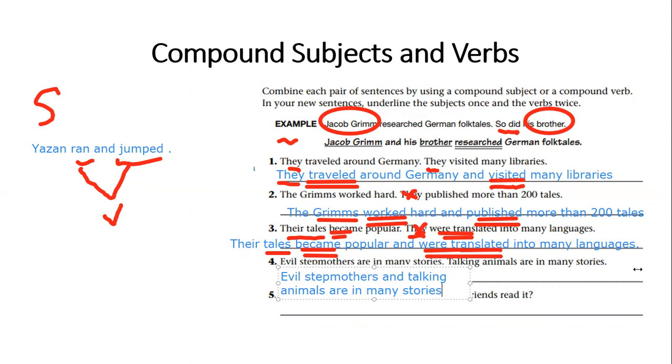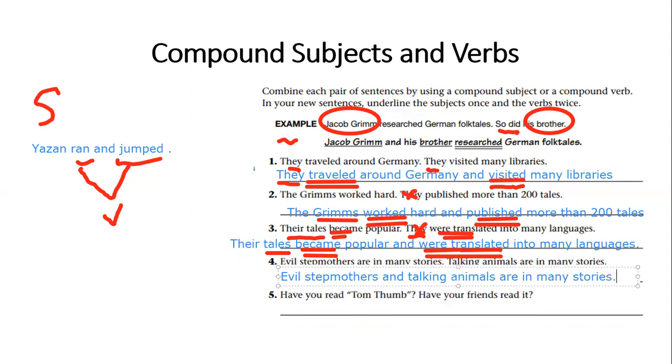So this is how we connected the sentence. Amazing. As I said before, we don't have to repeat what is repeated in the sentences. So here we connected evil stepmothers and talking animals are in many what? Stories. This is how we combine it. Then I'm going to ask you about what are the compound subjects. Is it going to be evil or mothers in the first one? Of course, I'm not talking about evil.